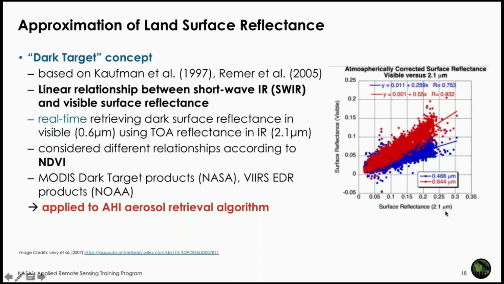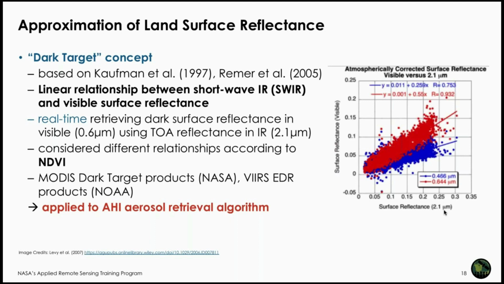Because shortwave IR channels like 2.1 micrometer have low sensitivity to aerosols, we can get surface information better compared to the visible wavelengths. This method can be applied at each measurement using measured visible and shortwave IR radiances. And this method also considers different relationships according to the surface type, like NDVI, the vegetation index.